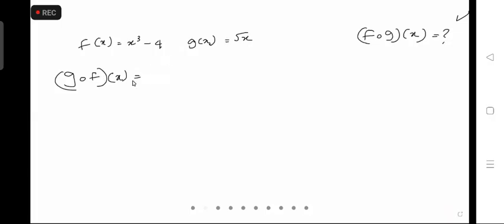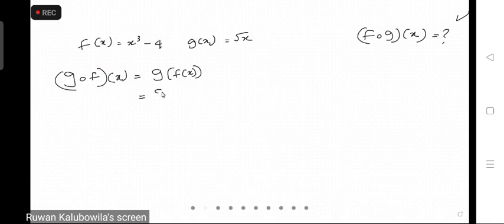Now the meaning of this is write down according to the order of the functions in this equation. Now g f. You can see the difference.